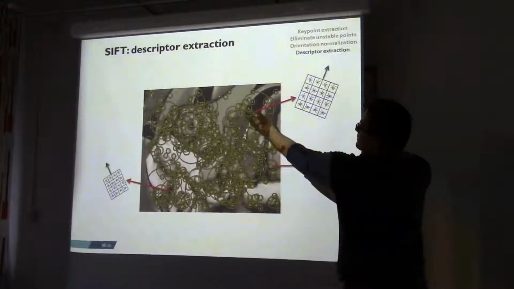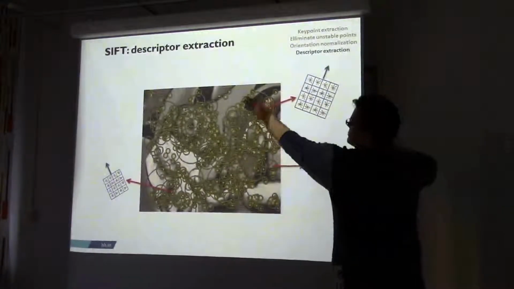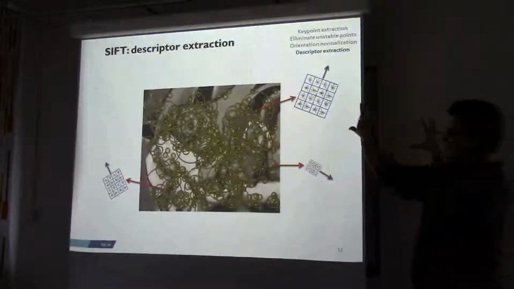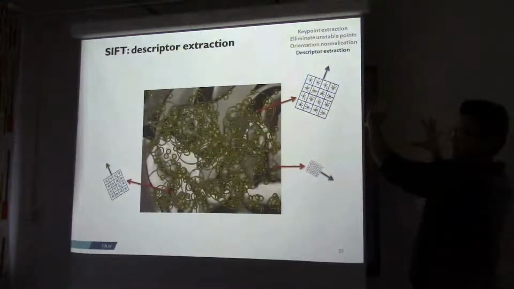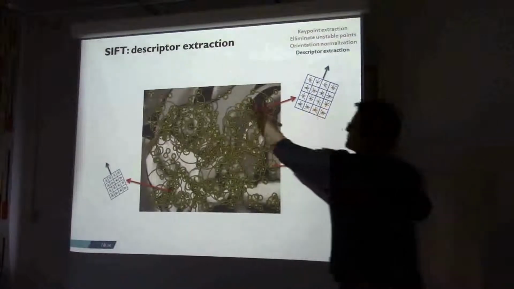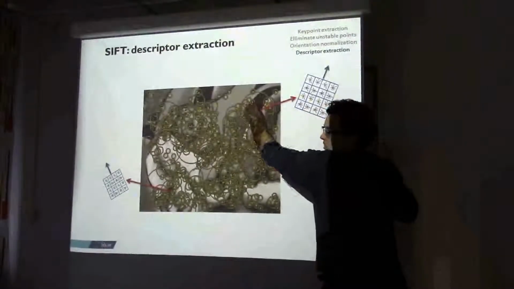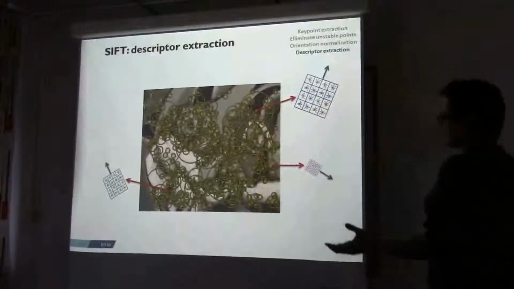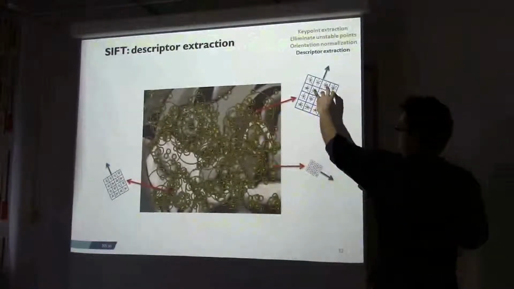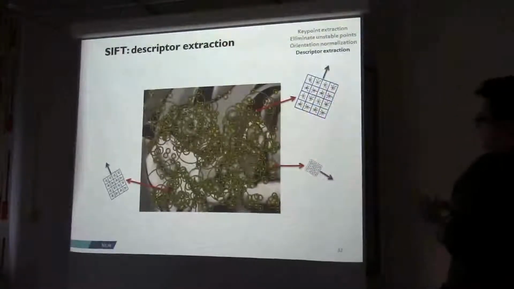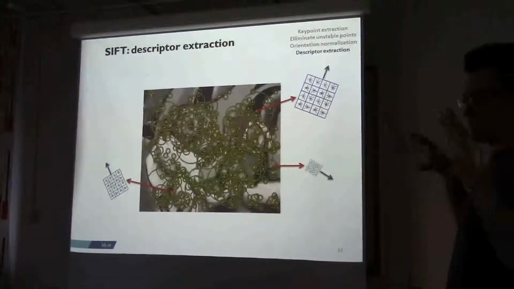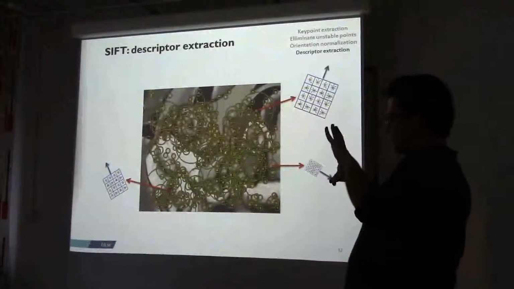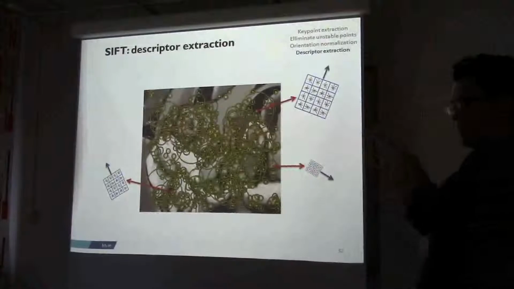So hopefully, if you get this feature in a different scale of the image, they should be the same, because you will adapt your neighborhood accordingly to the scale where you have detected the point. So this is how this method gets scale invariance. You extract the same feature in the neighborhood with the size adapted to the scale.